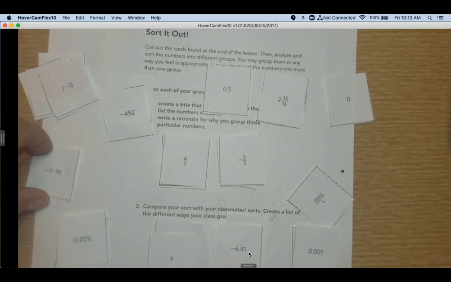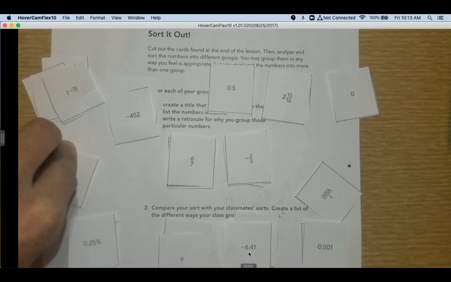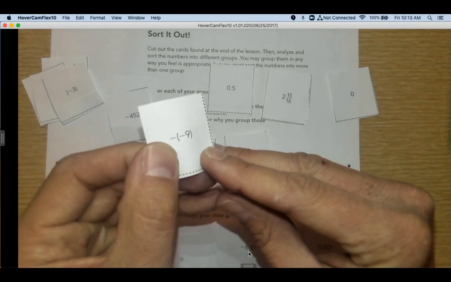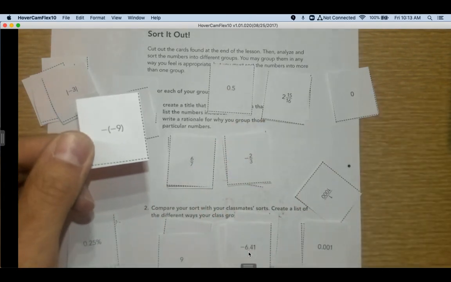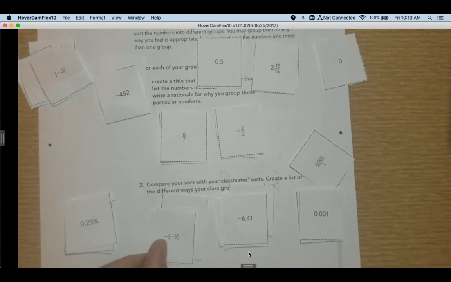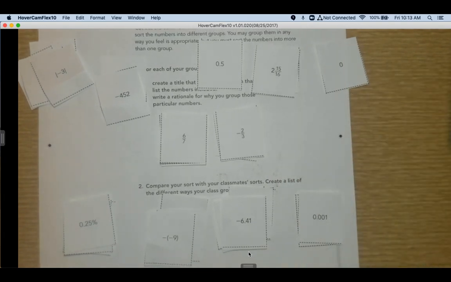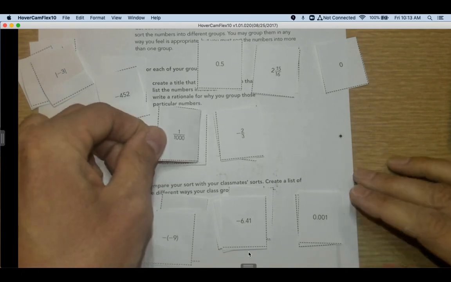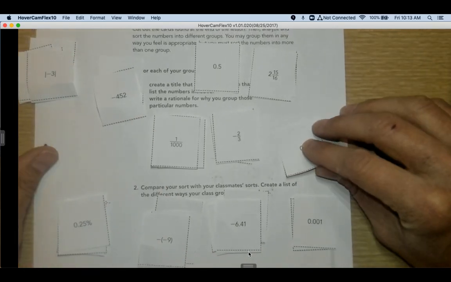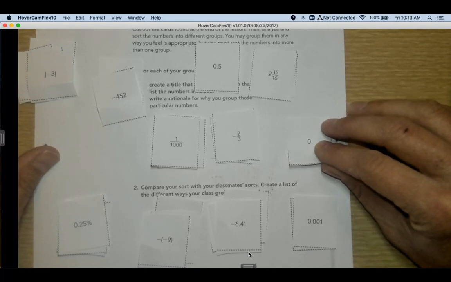And then I'm left with the opposite of negative 9, which would be positive 9. I could almost put this with my whole numbers. I have this fraction, 1/1000, that goes there. And then 0 doesn't quite fit in any of those, so that'd be kind of separate.